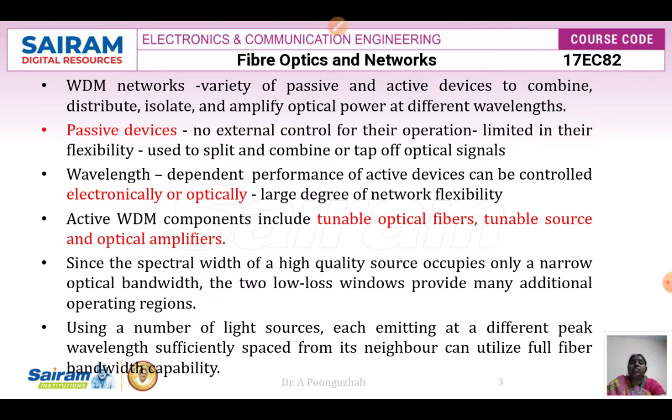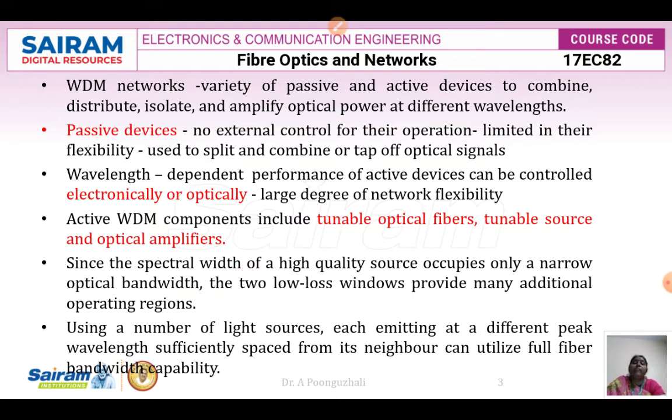Here, when I multiplex all these different wavelengths, the spectral width matters, that is, whatever source we use to emit the wavelength should have a narrow spectral width. The spectral width of a high quality source is going to occupy only a narrow optical bandwidth. When it occupies a narrow optical bandwidth, there are two low loss windows which are used to provide additional operating regions.